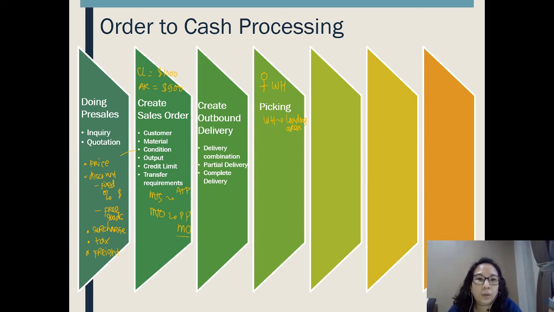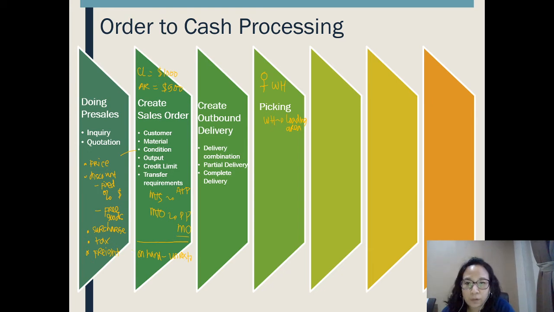Okay, so in this case, if we look into the stock, actually by the time we create the outbound delivery, the stock is already blocked. Sorry, I correct it. By the time we confirm the sales order here, if we look into our stock, there will be the on hand, or sometimes we call it unrestricted.